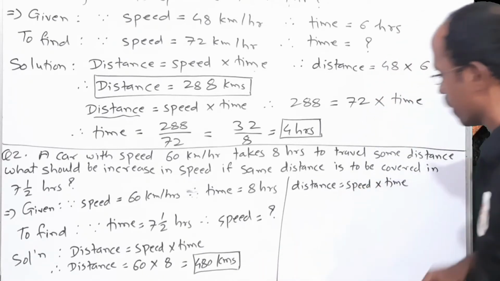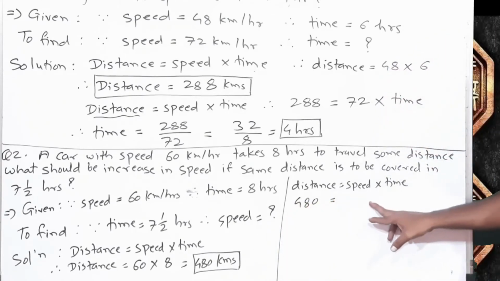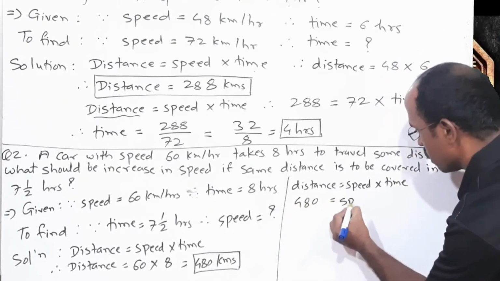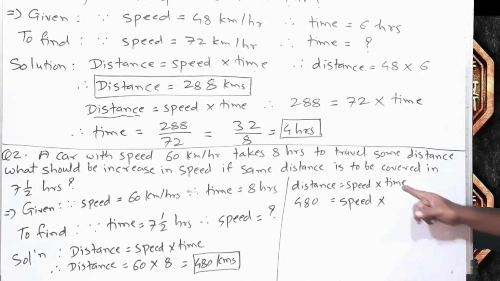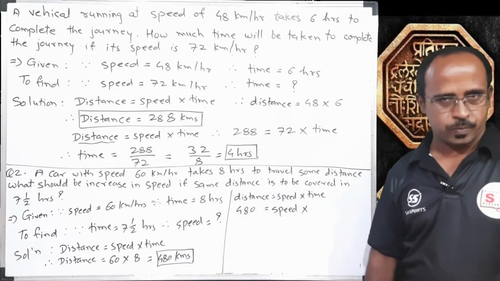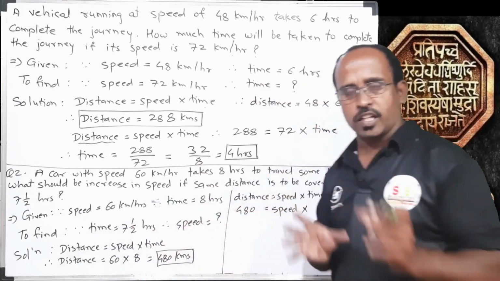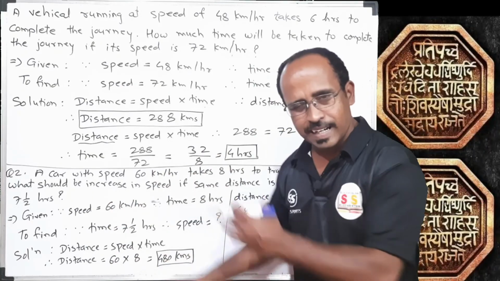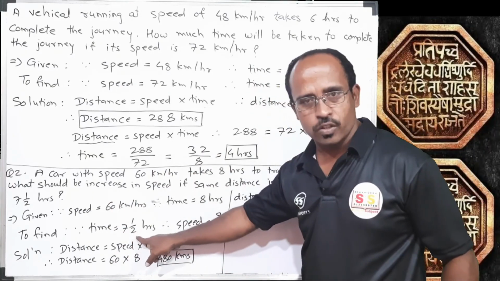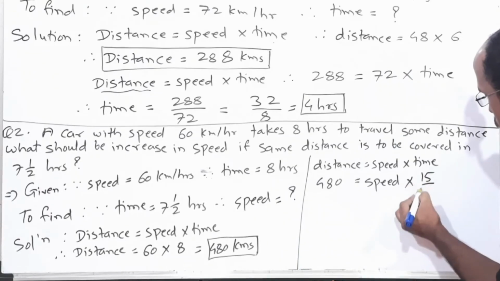Distance we found, 480, which is equal to speed, not given, into time. Time is 7.5 hours. First of all, it's a mixed fraction. Convert it into an improper fraction. We can directly convert: 7 twos are 14, 14 plus 1, 15. So that is equal to 15 upon 2.